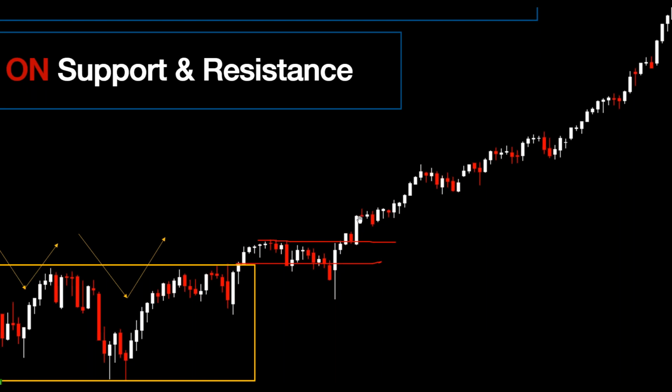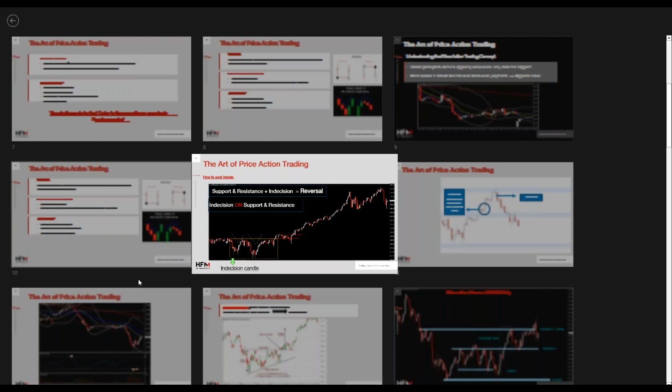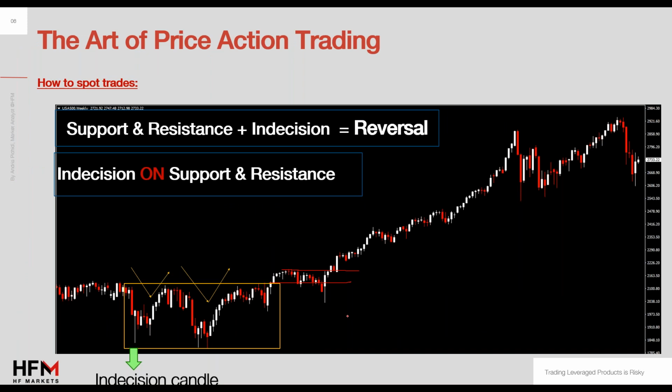Obviously, understand that, Andrea, this is a weekly chart, so it takes many months. It was just an example. You might see exactly the same behavior in a 1 hour, 15 minute, or 1 minute chart. It doesn't matter. I just want you to understand that with price action, a ranging market, a consolidation, a sideways movement is tradable.